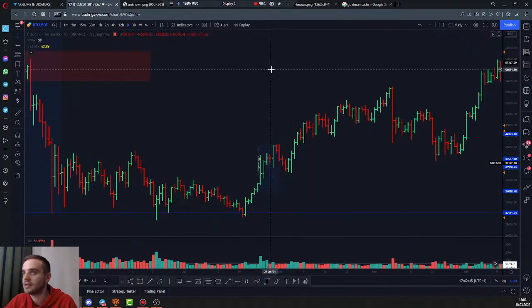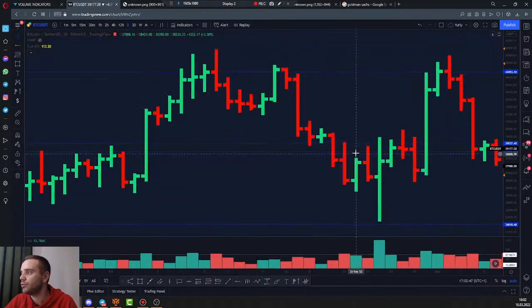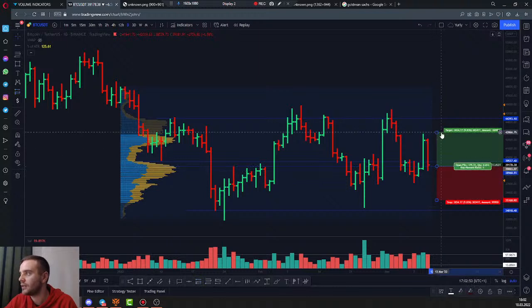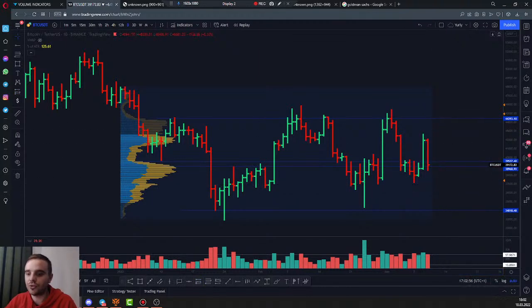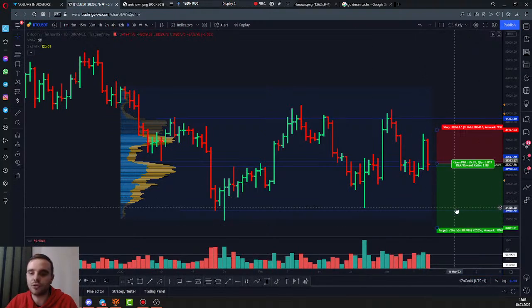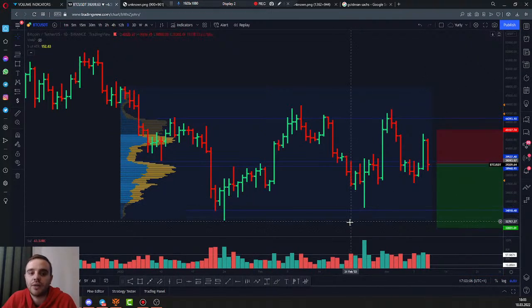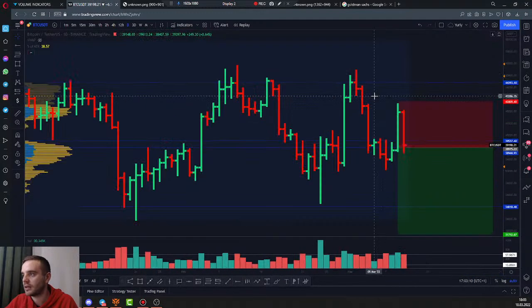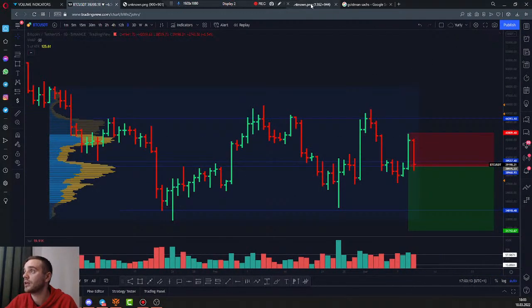For example, at this moment, I think that Bitcoin is going to drop, but I don't see an opportunity where I can open a trade with a clear stop loss. If my stop loss is 9% for Bitcoin, for me it's too big. That means I don't want to take this trade. I don't have a good risk reward. I always open a trade and I always know where I set the stop loss and take profit.